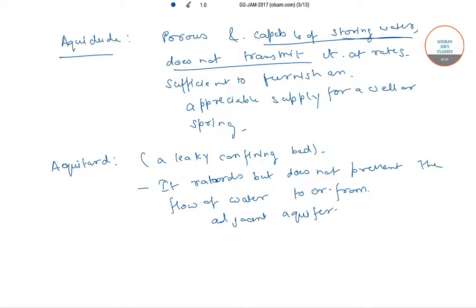So they are termed leaky confining beds because it retards but does not prevent the flow of water to or from an adjacent aquifer.